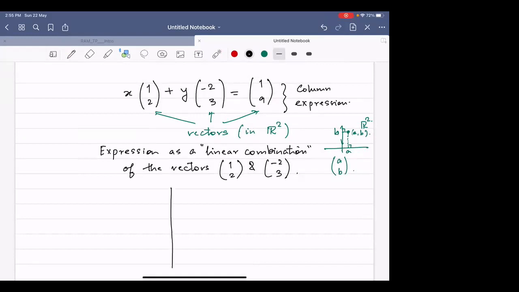So I'm trying to plot these vectors now, the vector 1, 2 and the vector -2, 3, right? So where does the vector 1, 2 lie? If you go by this description, then where is the vector 1, 2?